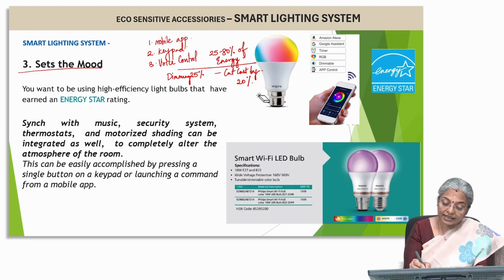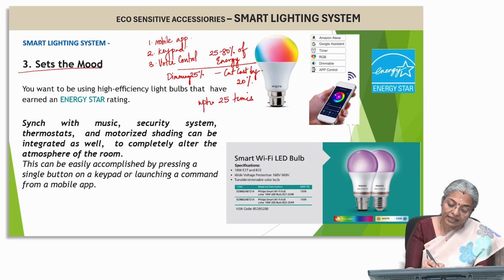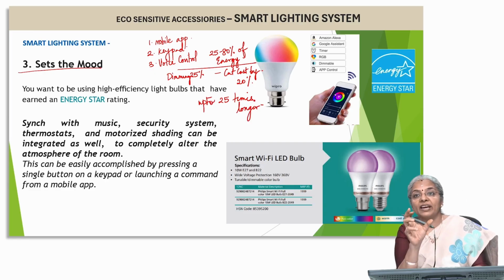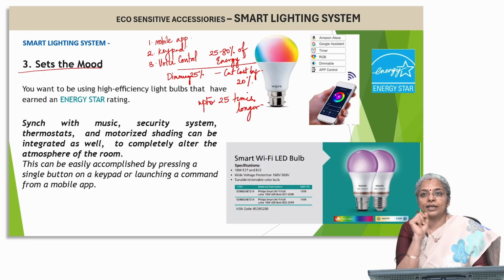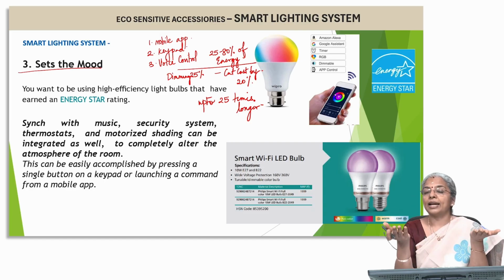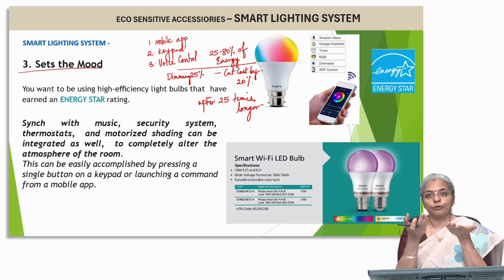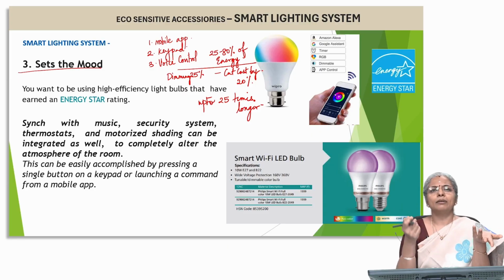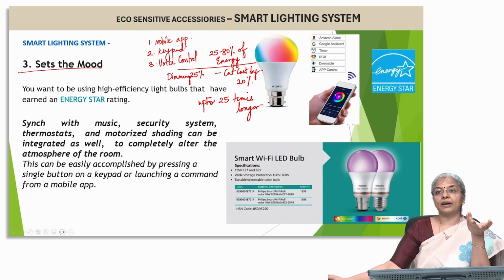Because they last up to 25 times longer, the waste generated also gets reduced. So, you can have different intensities of light and you can have high efficiency light bulbs that you can always identify with the Energy Star rating system.